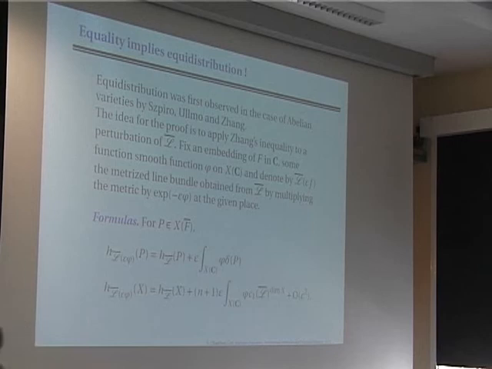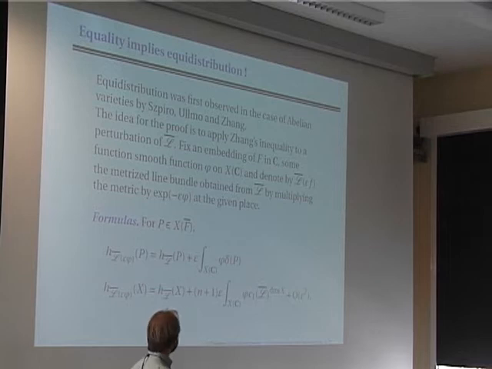It means that if the norm of a section at a point was norm s of x, at the new metric it is norm s of x multiplied by exponential minus epsilon phi of x. Just means that. And now you can compute how the heights of points and varieties are modified in that modification.